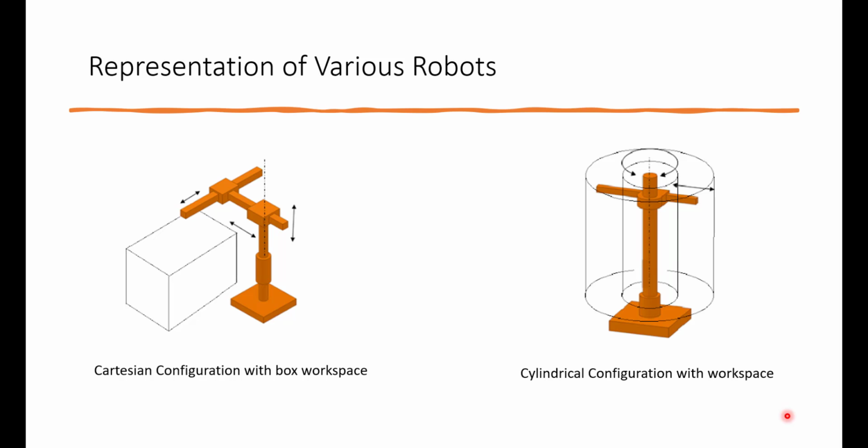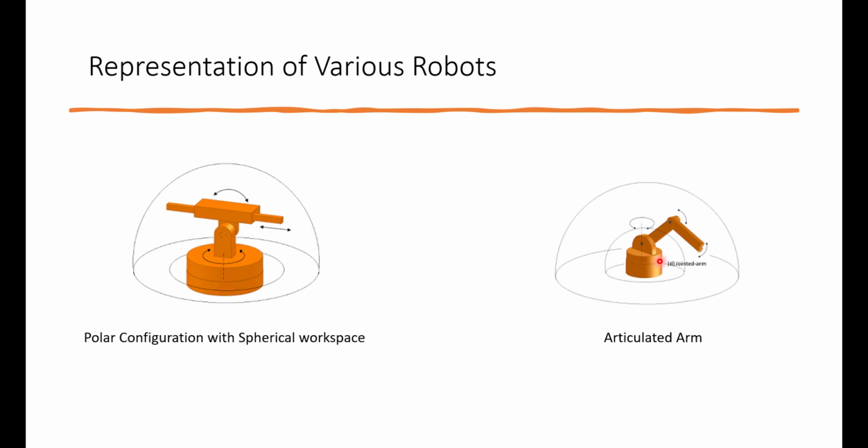Cylindrical robot, whose work envelope is the volume between two concentric cylinders. Similarly, we have the spherical robot, which has a work envelope as the volume between two concentric spheres, and the articulated robot, which has a quite complex work envelope, having all rotary type of joints.